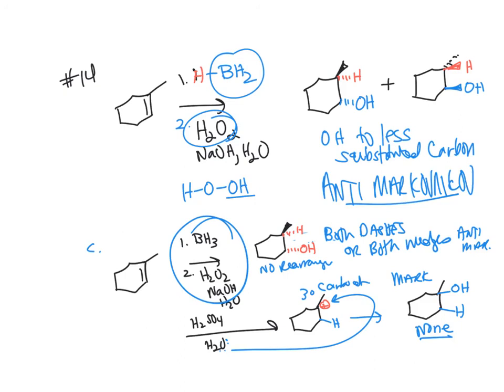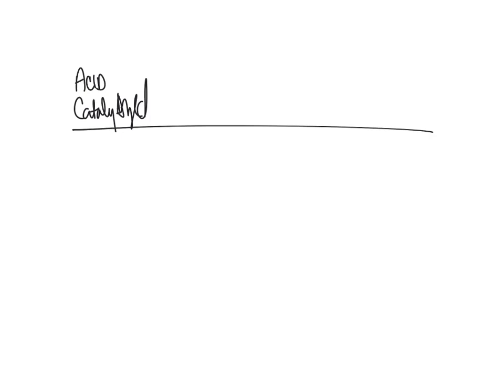Okay, so 15. In your groups, compare the 3 different methods for hydration of alkene. Discuss reasons why one method would be preferred over the other. Okay, so let's do all 3 of them. Acid catalyzed, and that reagent is sulfuric acid and water.